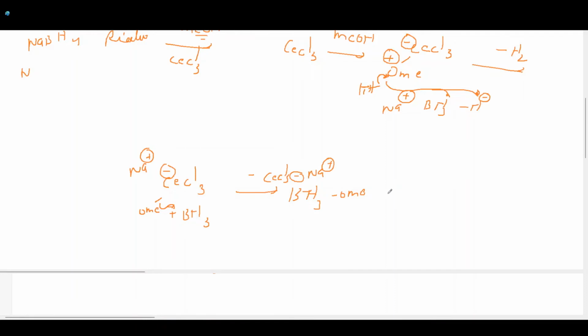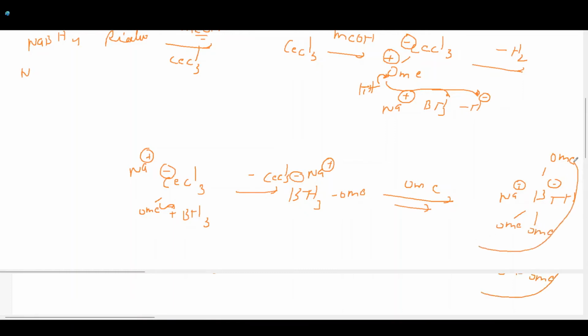And there is a subsequent addition of OMe groups to form BH minus OMe and OMe. So this trimethoxyborohydride species is the active species responsible for reduction, and it is the main one used for reduction.